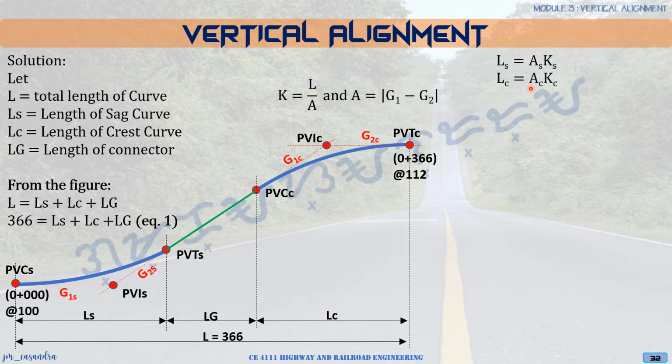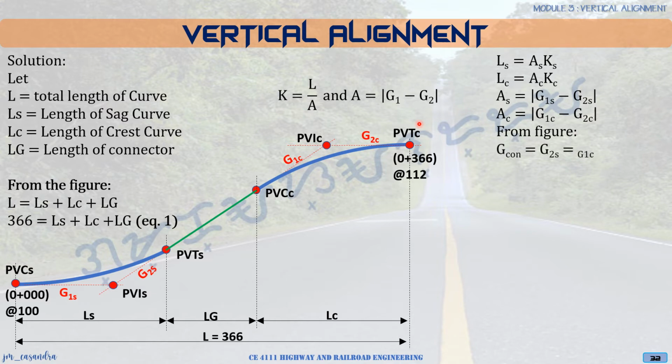And same for the crest curve, that will be LC equals AC times KC. And for our A values, AS is equal to the absolute value of G1S minus G2S, and AC will be the absolute value of G1C minus G2C.